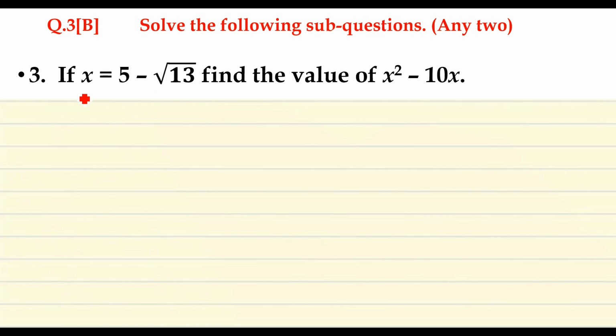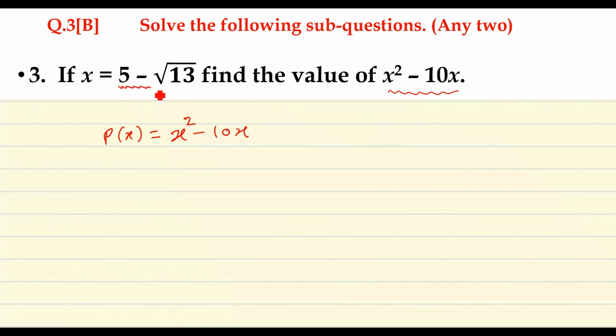Now the next question is, if we have x is equal to 5 minus root 13, then find the value of x square minus 10x. For this polynomial, what will be the value? So let us start with the polynomial. I'll put p of x as the given polynomial, whose value is x square minus 10x.